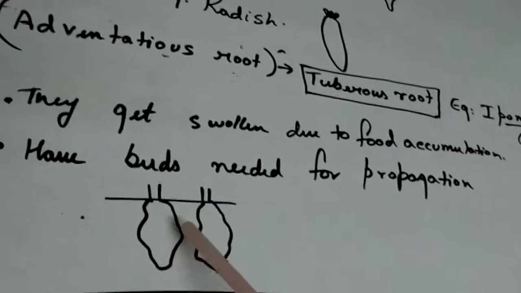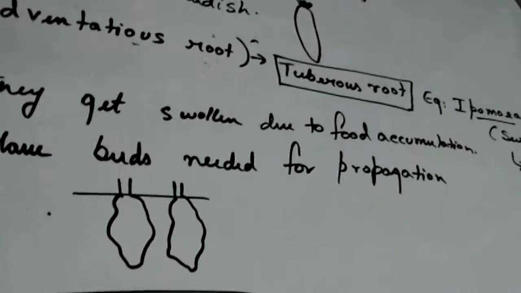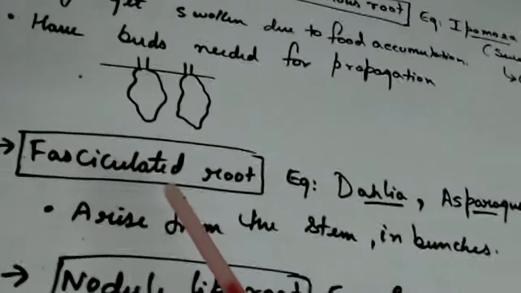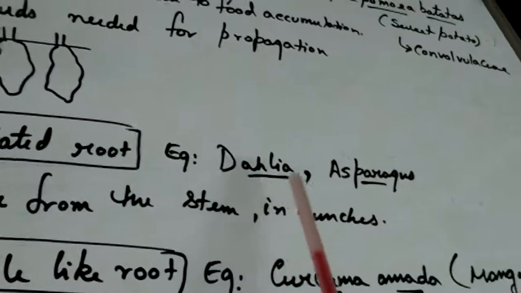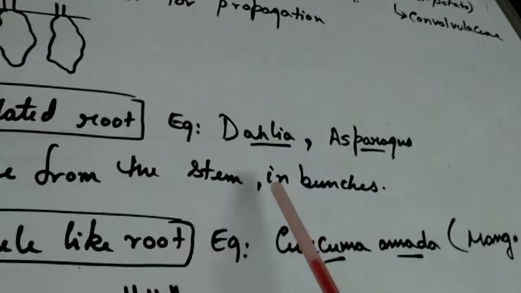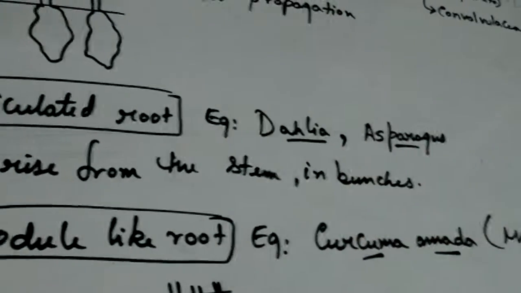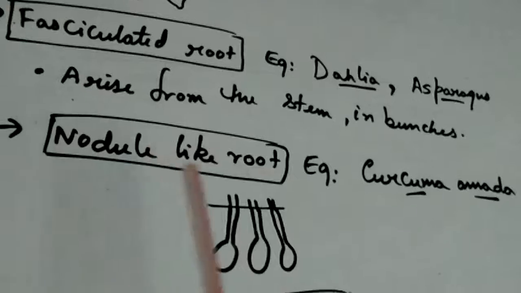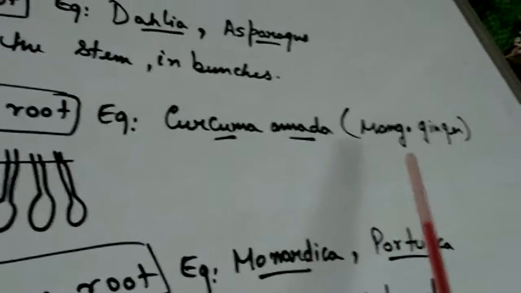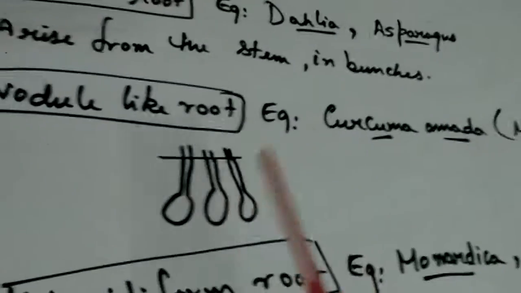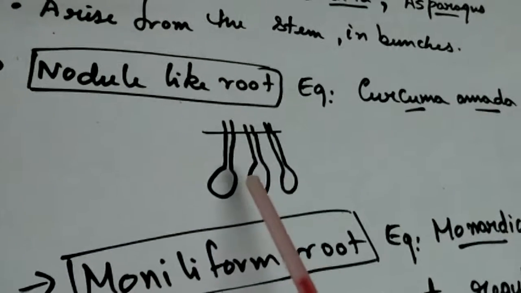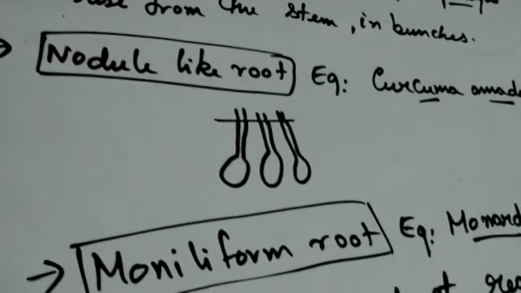Here is the structure of adventitious root, or the root of Ipomoea batatas. Then fasciculated root, example Dahlia, asparagus, arising from the stem and occurring in branches or bunches. Then nodule-like root or nodulose root, example Curcuma amada, commonly known as mango ginger, and these are nodule-like roots. As you can see, nodules are formed at the base.